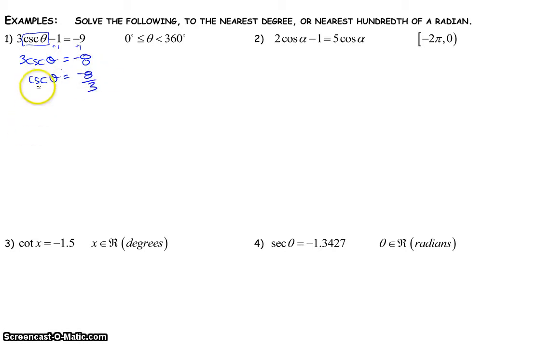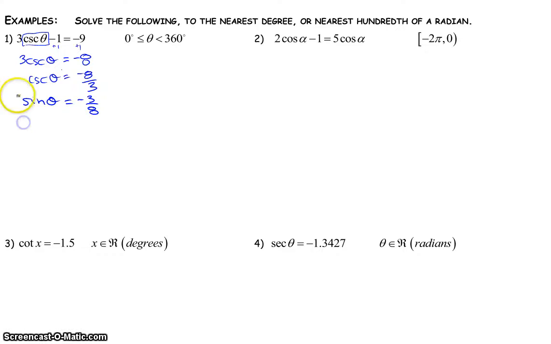Okay, now we have a reciprocal function, cosecant. We actually want the sine function, so sine theta equals reciprocal to the right-hand side as well, since we changed cosecant to sine. And we're down to negative 3/8. All right, so that is not one that we recognize, a coordinate we recognize for y on the unit circle.